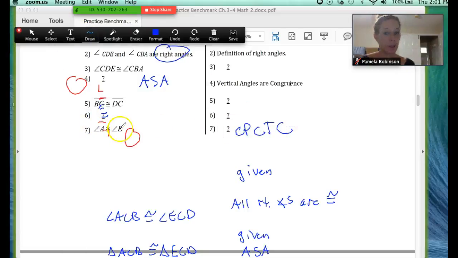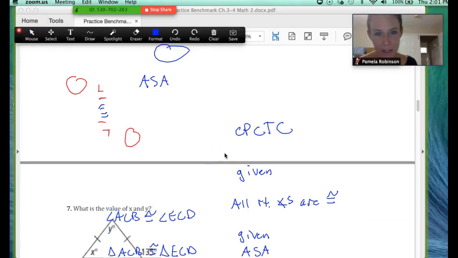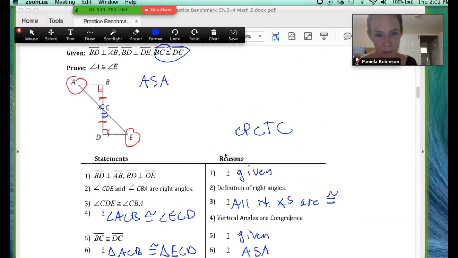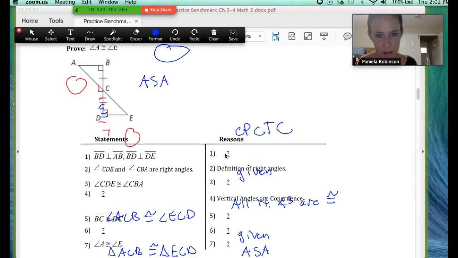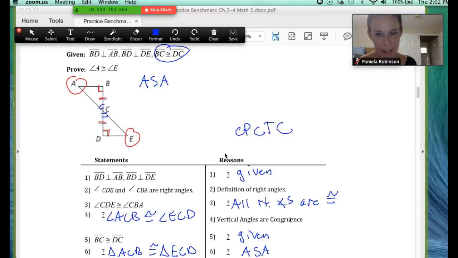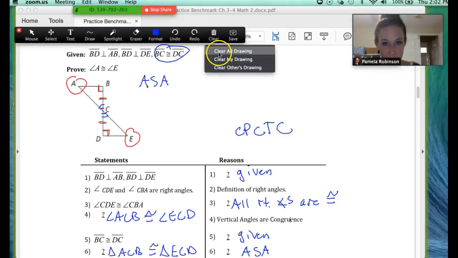That's why angle A is congruent to angle E, because congruent parts of congruent triangles are congruent. Okay, now I can scroll back down and things will be back in their places. Except you won't see that last step. And now everything's out of their places. Yeah, there they go. Now they're in their places. And congruent parts is up there. Very strange, but that's how this program works.